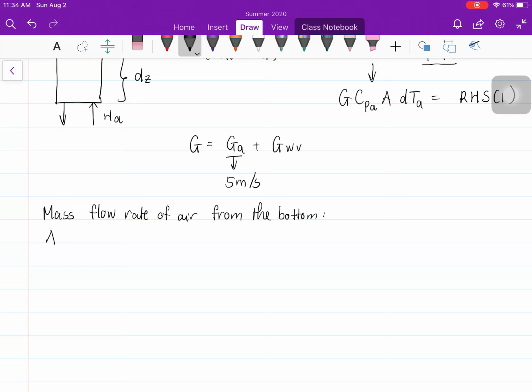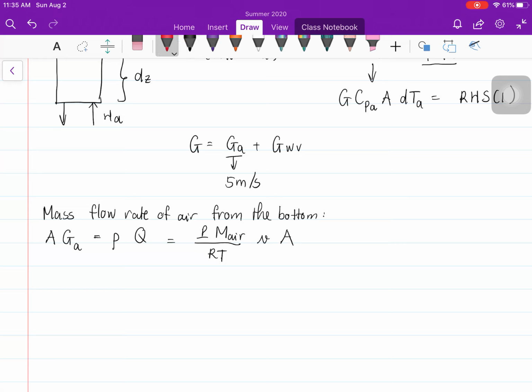It would be equal to cross-sectional area times mass flow rate of air, and it would be equal to density times volumetric flow rate, and it would be equal to pressure times molecular weight of air over RT times velocity times cross-sectional area.